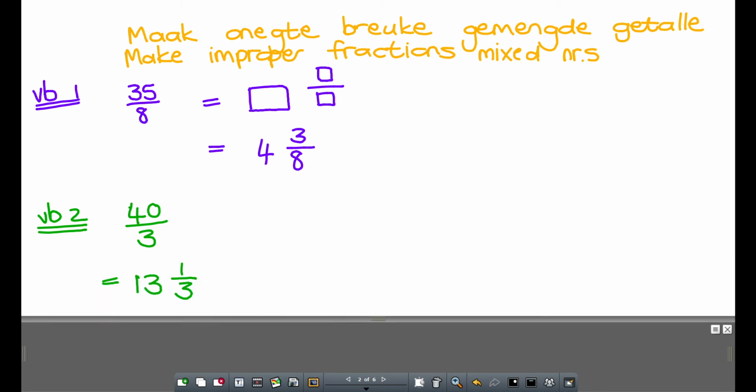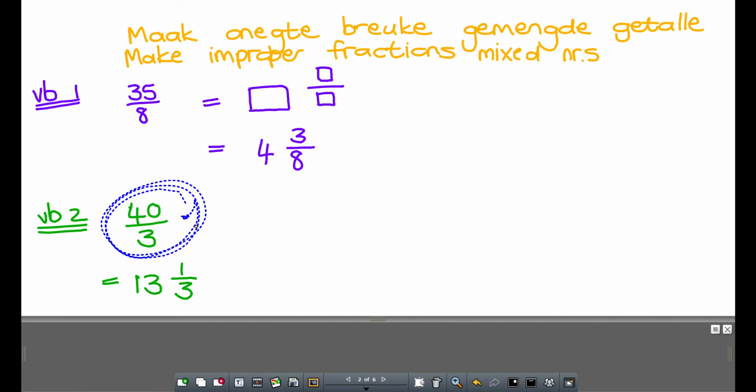Now, did you guys know that you can cheat by using your calculator? Yes. Okay. What we do is you put into your calculator 40 over 3 using the fraction button. Press the equal sign and it's going to give you 13.3333 whatever.